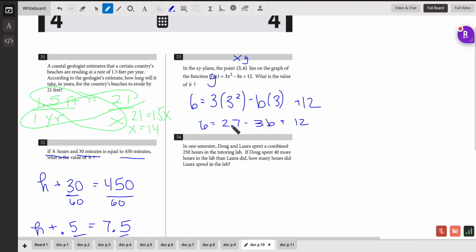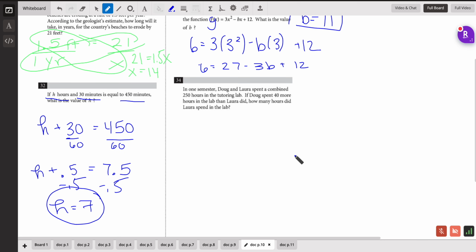I'm going to skip the rest of the steps, combine the numbers, subtract, and you get that b equals 11. I actually like these ones with no multiple choice, because again, the math tends to be a lot easier.